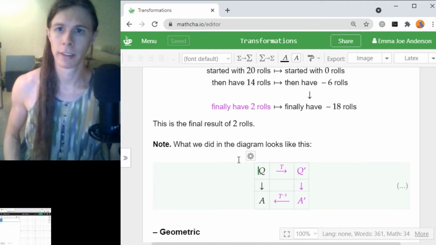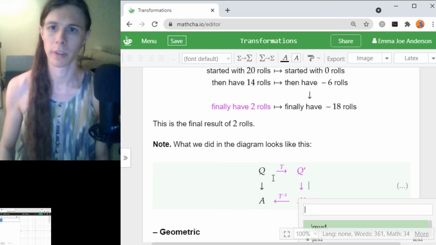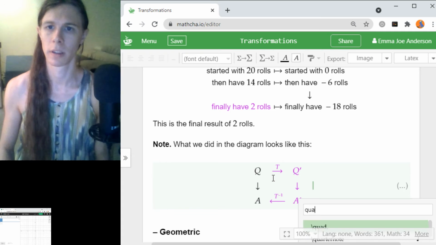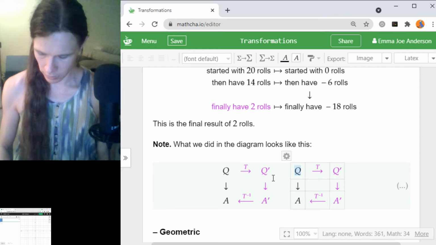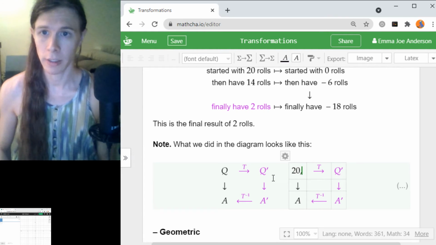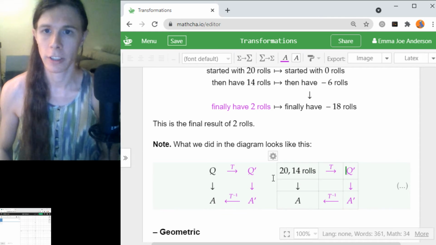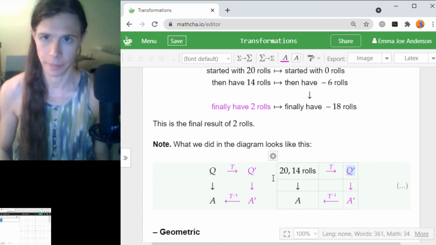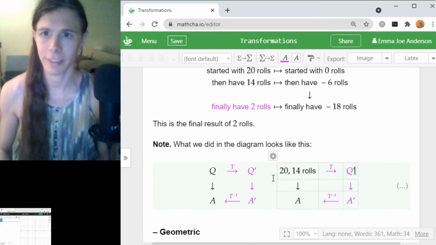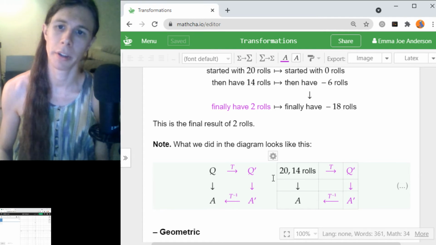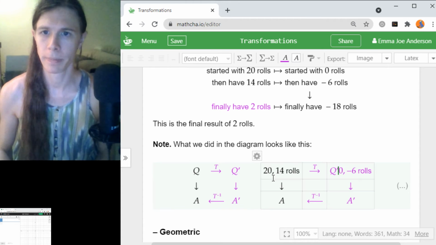So we had this, coming, we had 20, 14 rolls transformed into, if I type in here, is it purple? Yes, it is. To 0, -6 rolls, but it's still purple.